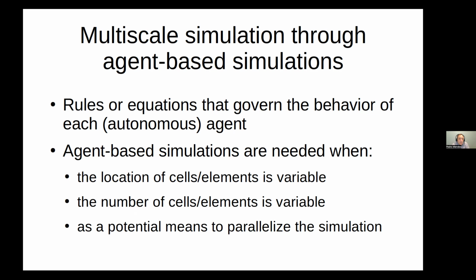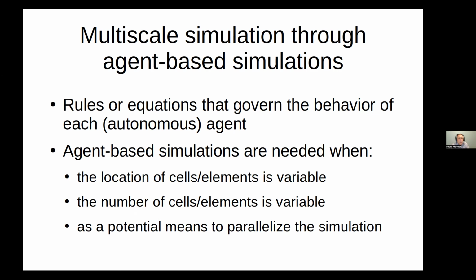And these agent-based simulations are actually quite important when you have cells or other elements that move locations. So if they're mobile and they move, and therefore they could have contacts with different cells at different times, that is not very amenable to representing with sets of ODEs.